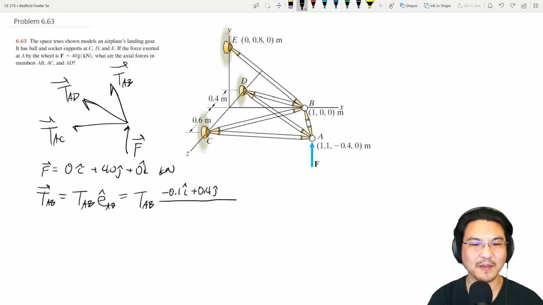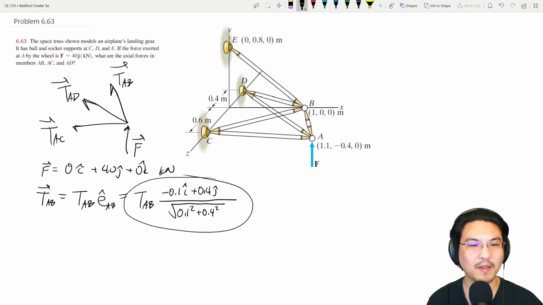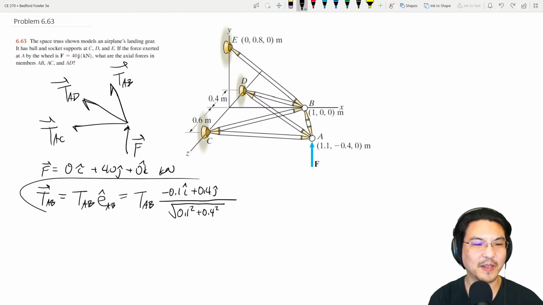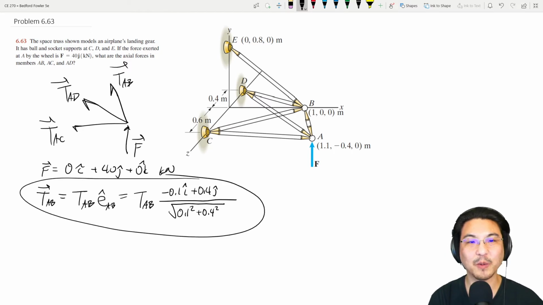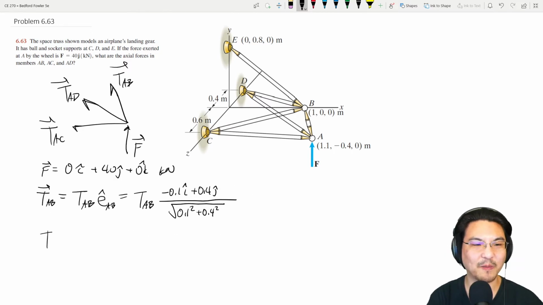And then for the unit vector, divide by its own magnitude. So that's vector TAB split up into components, and then we do the same for AC, and the same for AD.